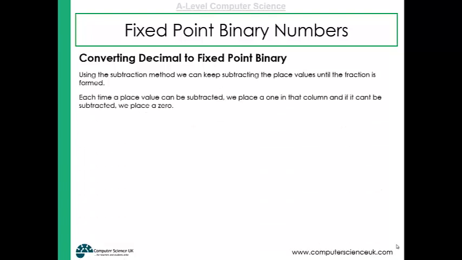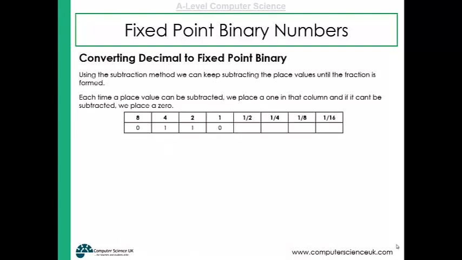And each time a place value can be subtracted, we can place a 1 in that column because we know that that's a fractional value that is going to be one of the building blocks of that fractional number, until we get down to a 0. And if we can't subtract it, then we'll place a 0 under that column.